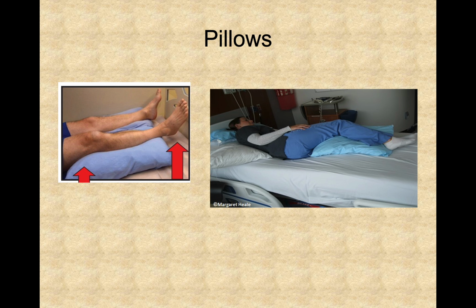Nothing special, nothing fancy. They're just pillows. What we're doing is using pillows to keep areas that we're concerned about off of the bed, or off of that contact, so offloading them.